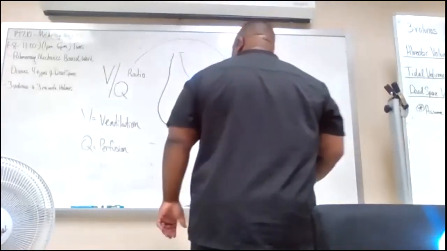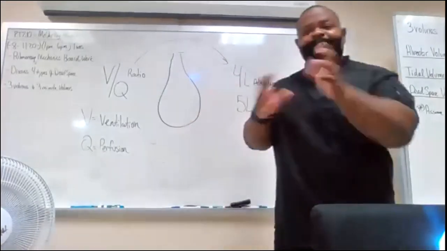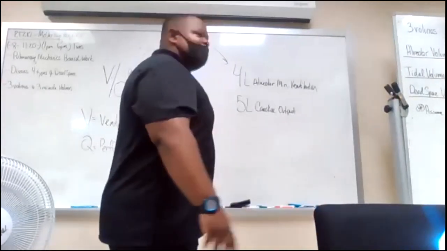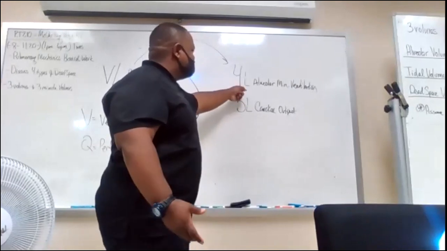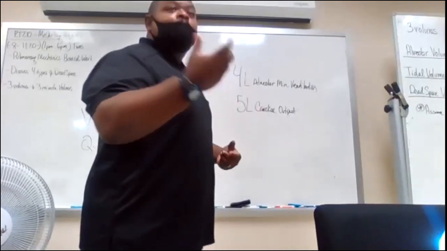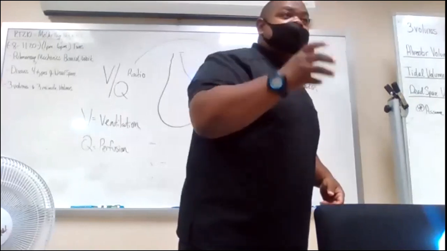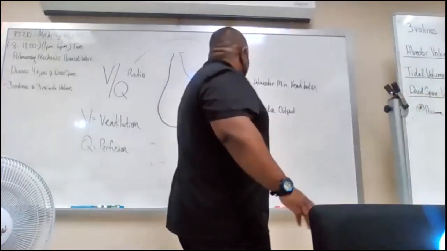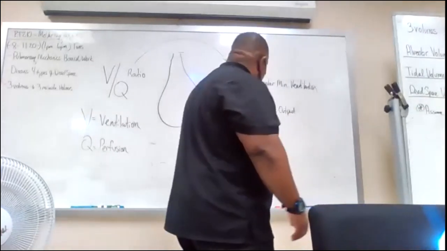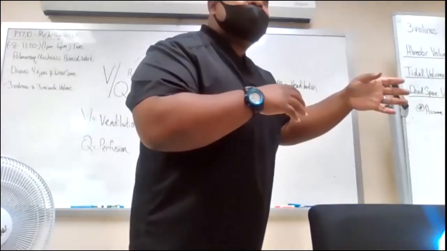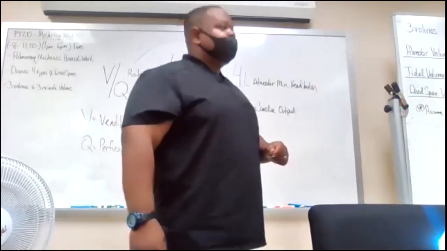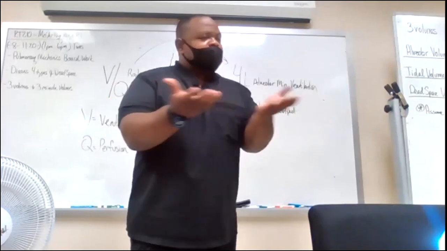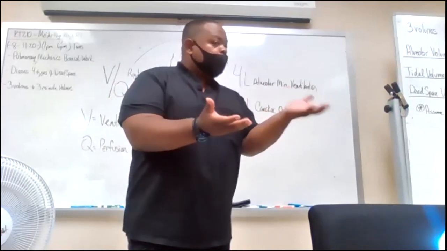Now, it should match up with the amount of gas coming out of each alveoli. Each alveoli should be around 4 liters per minute of alveolar minute ventilation, to that 5 liters of cardiac output. That is the ventilation to perfusion ratio. It's like comparing ventilation to perfusion. They should be fairly close, 4 to 5.